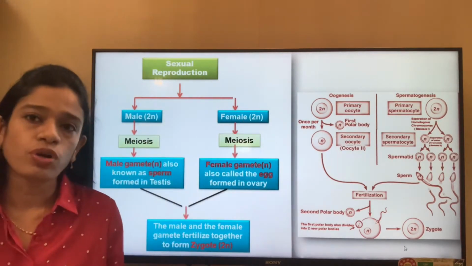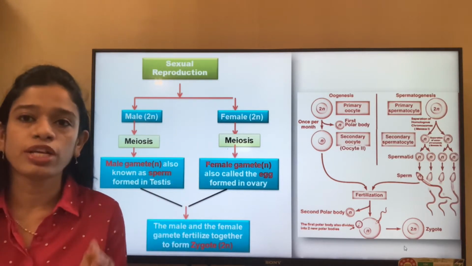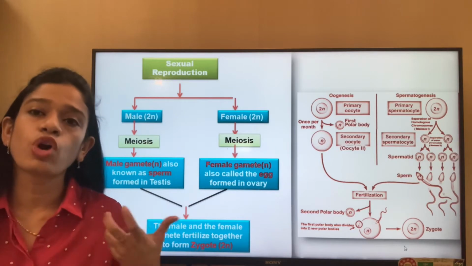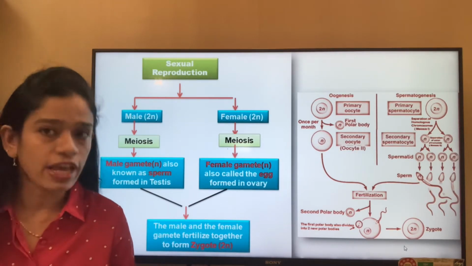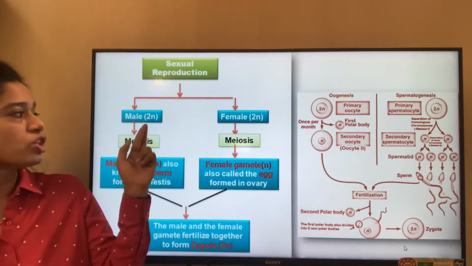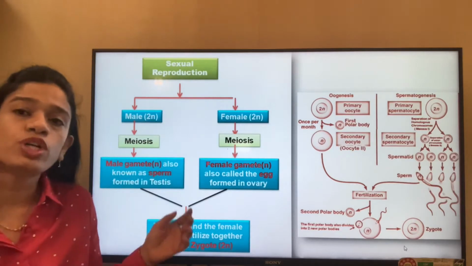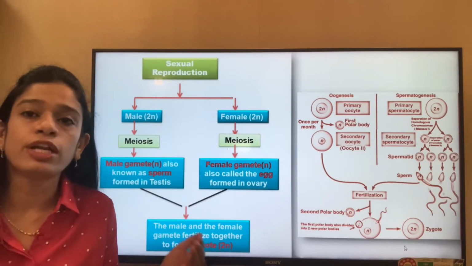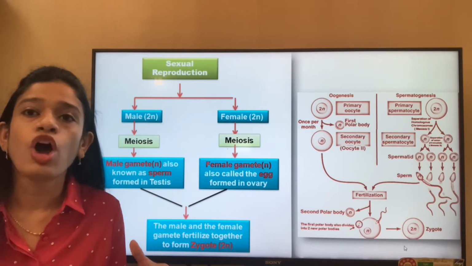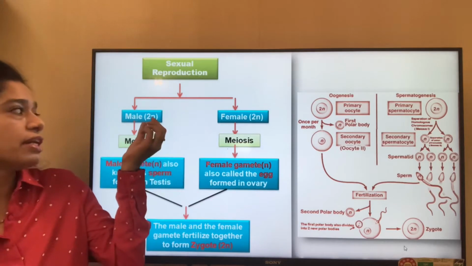Sexual reproduction always occurs in higher organisms and is a more complex procedure than asexual reproduction. Here I have mentioned 2N. What is that 2N? It signifies the chromosome number of the particular organism.